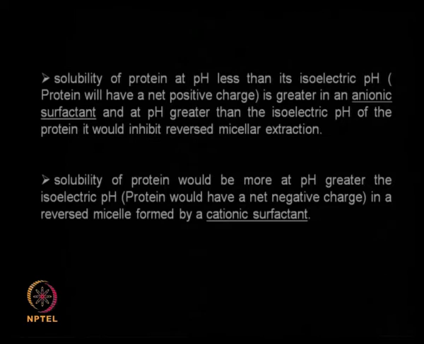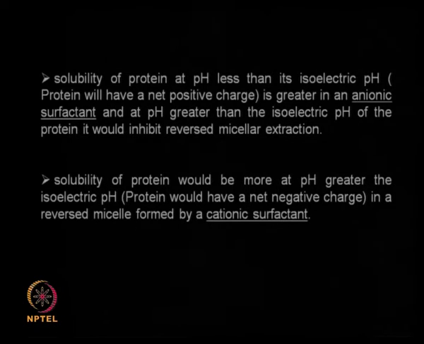So if the pH is greater than the isoelectric pH, then you are going to prevent the reverse micelle extraction. So solubility of the protein would be more at pH greater than the isoelectric pH if the protein has a net negative charge in a reverse micelle formed by a cationic surfactant.